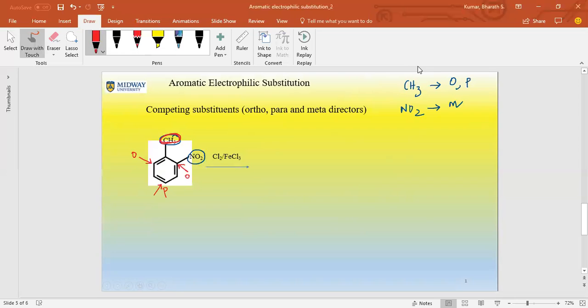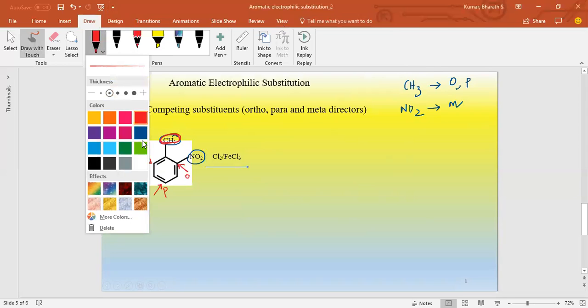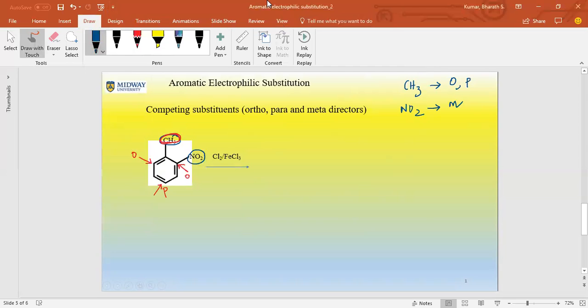With respect to the NO2, I'm going to give it a different color. Actually, I can retain the blue because with respect to the NO2, this is your ortho, this is your meta, and this is your para.